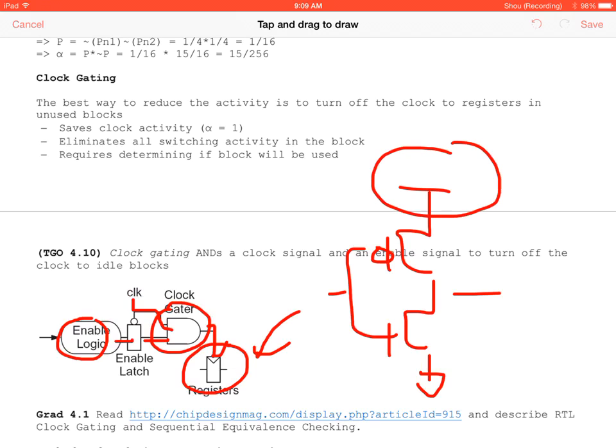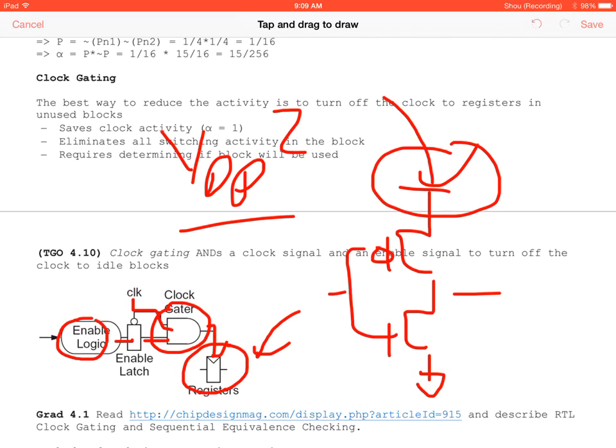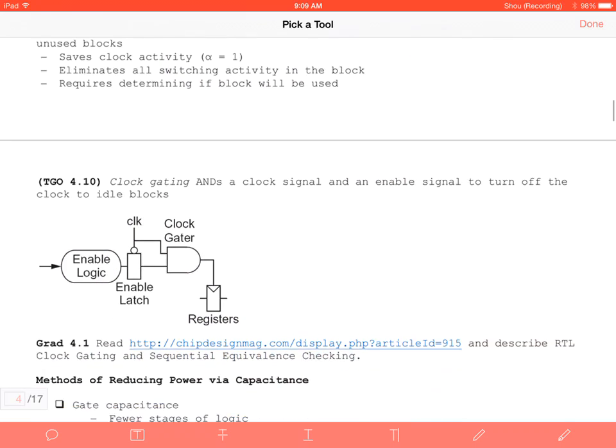Ultimately, what we're trying to do is control the supply voltage to a circuit. If you don't have that supply voltage, because remember VDD squared has a portion to do with that, you're completely cutting off that portion of the circuit, and the only power consumed is in your clock gating circuit.